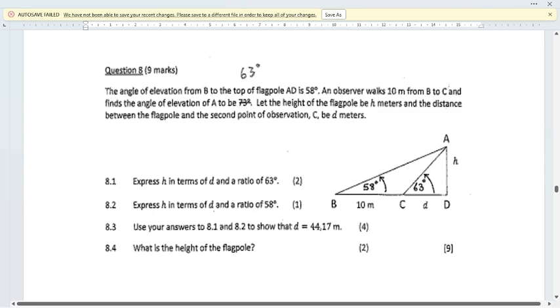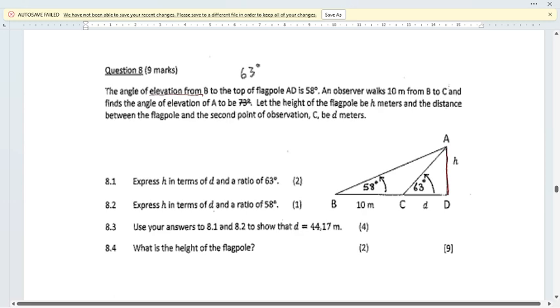The angle of elevation from B to the top of the flagpole AD. They're saying this is a pole. Can you see that? A, B to D is a flag. This is a pole of a flag.